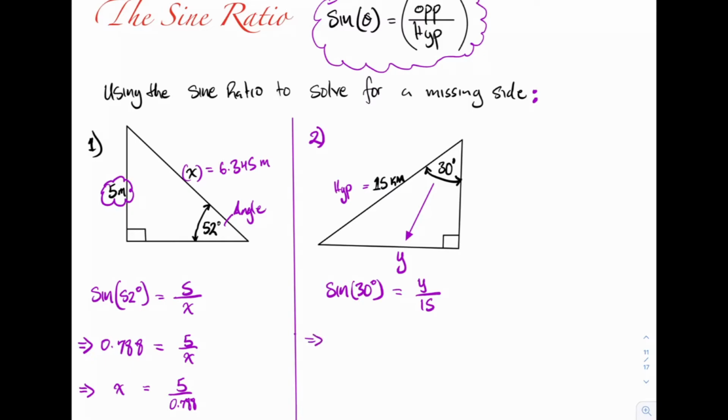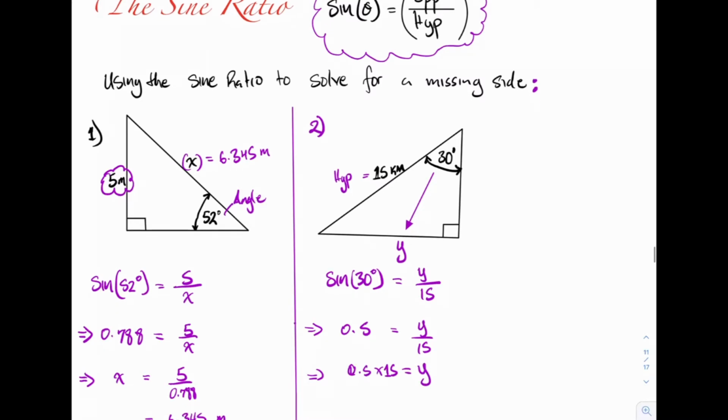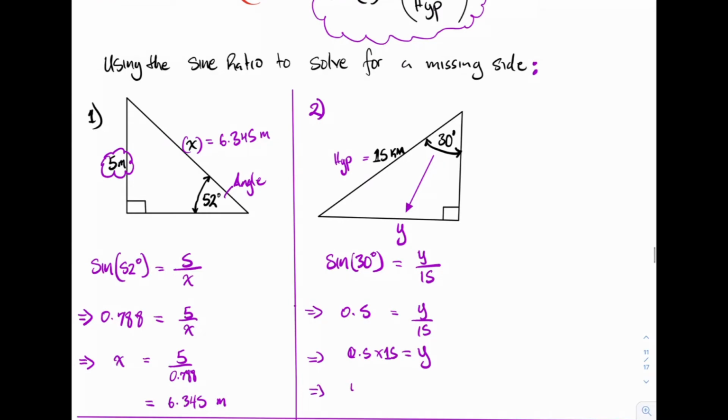So if I go to my calculator, I can plug in the sine of 30, and remember our calculator has to be in degrees mode here. So I end up with 0.5 is equal to y divided by 15. I'm transposing for y, so this gives me 0.5 multiplied by 15 is equal to y. So therefore, this means y is equal to 7.5 kilometers.